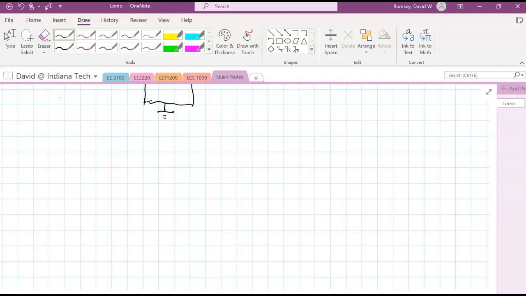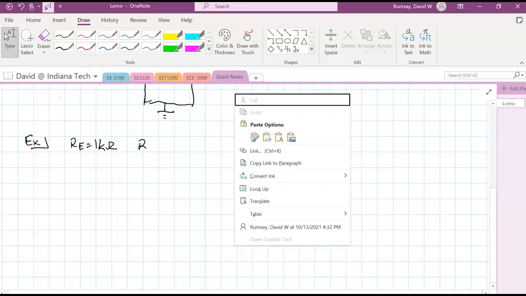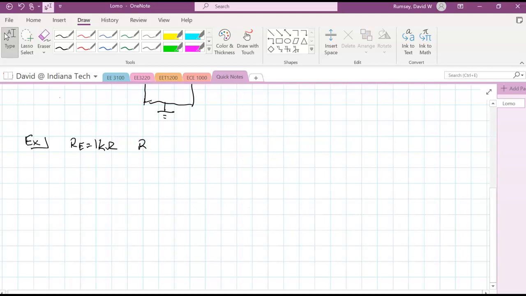Let's specify that RE is 1 kilo ohm, RC is equal to 3 kilo ohms, and design for bias stability.